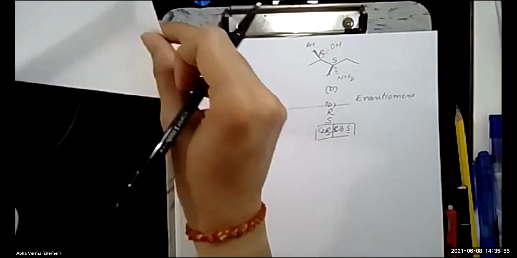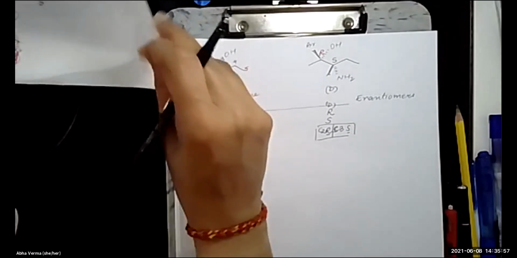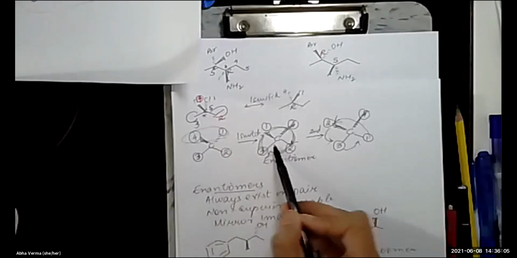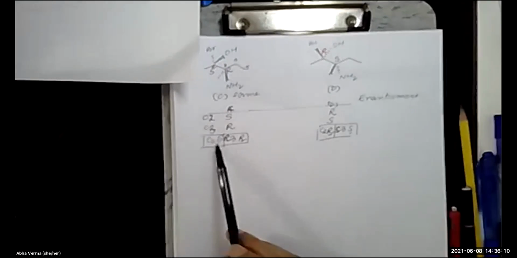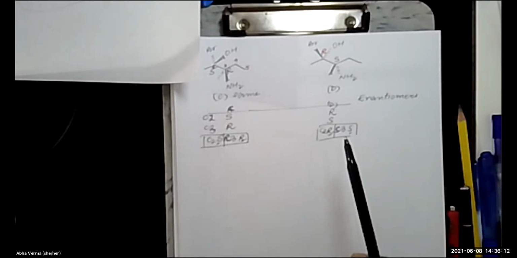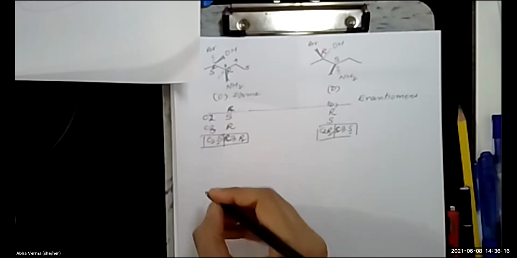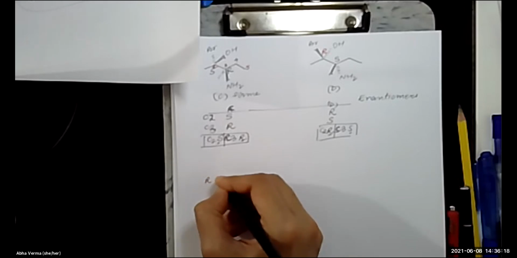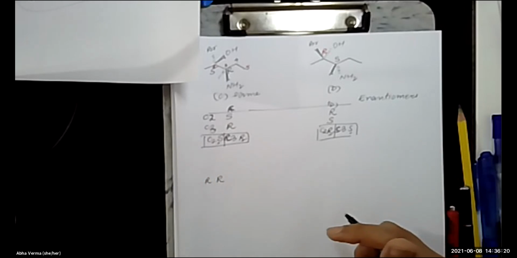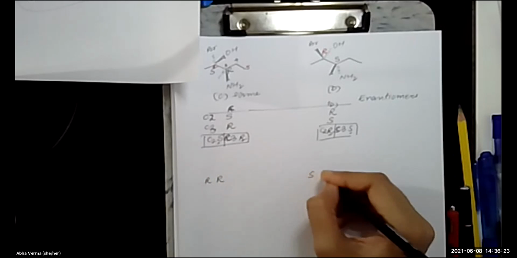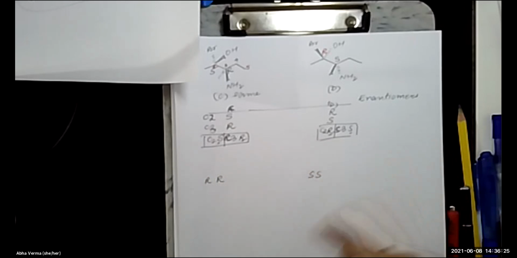If you will have just one chiral center, you can make one enantiomer. If one is R, the other will be S. Opposite. If one is SR, the other enantiomer will be RS. If one is RR, the other enantiomer will be SS, and so on and so forth.